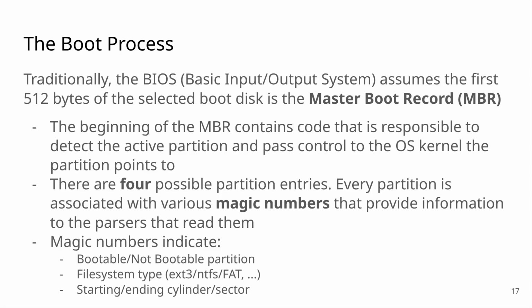So in the beginning, the master boot record has certain code, actually instruction code for the CPU, that helps it detect which partition is active, and then give control to the actual operating system kernel, because literally, the CPU is executing instructions in a very basic way here.